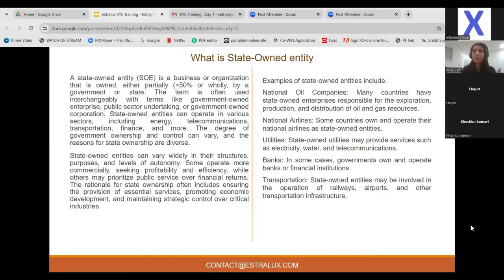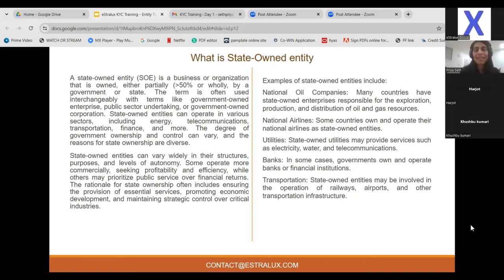Many countries have these for the exploration, production and distribution of oil and gas resources. Then you have national airlines, utilities, banks, and certain transportation like airports, which have some private people involved, and of course the state comes into the picture. That makes them state-owned entities.